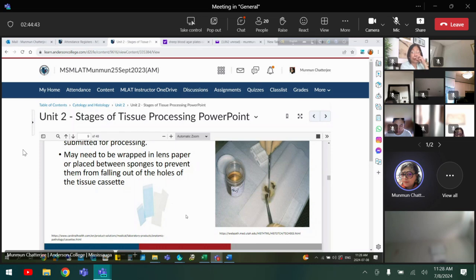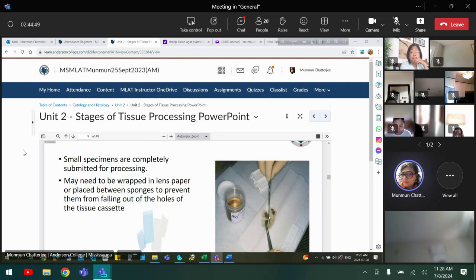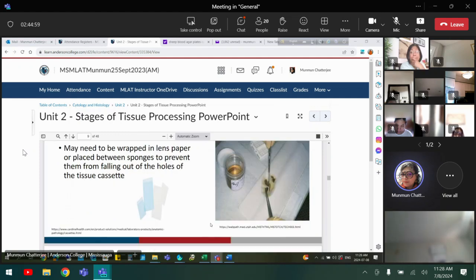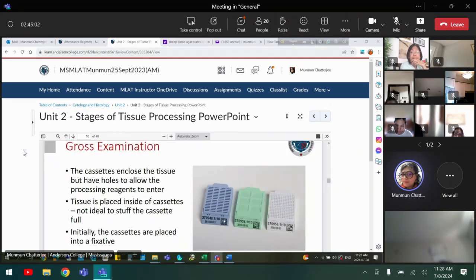If it is too small compared to the cassette holes, which you can visualize during the gross examination, and it can fall out of the cassette, you are going to lose the sample. So you put the tissue on lens paper and then place it in there. And these are the cassettes.